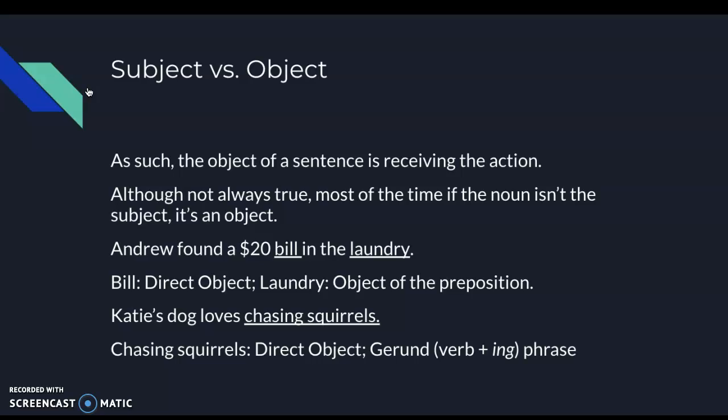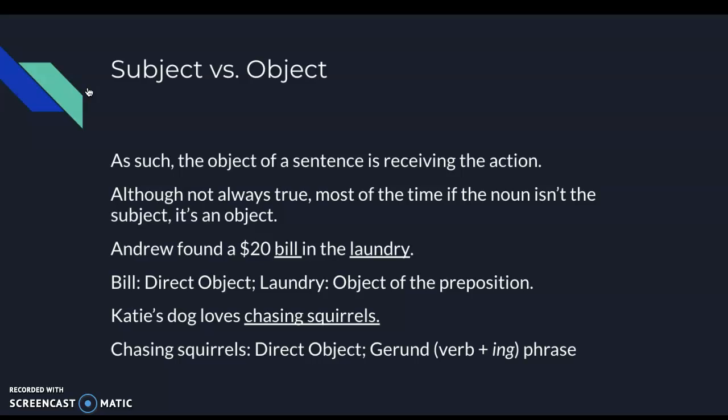Bill is the direct object. What did Andrew find? He found a bill. So it is the thing receiving the action of the finding. And then in the laundry, that's a prepositional phrase. And so laundry is the object of the preposition. Either way, they're both objects, a direct object and an object of a preposition.